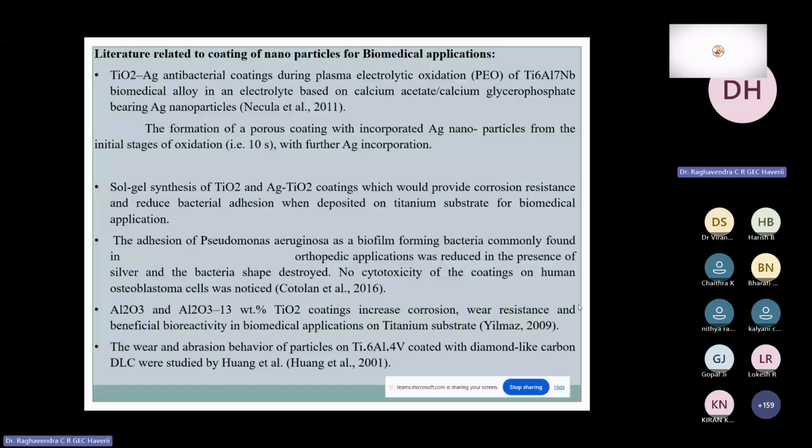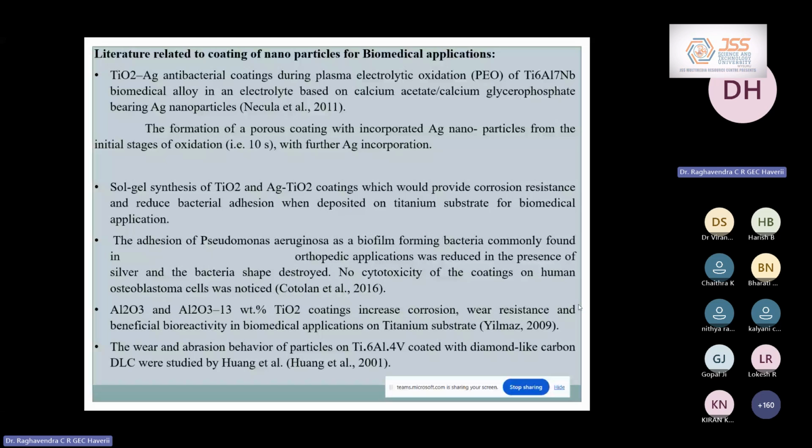And they have also used diamond-like carbon and aluminum oxide along with the titanium oxide on the titanium substrate. Now you can see everywhere the substrate is a titanium composition. In the first one we used titanium, aluminum and niobium, whereas Huang et al. used diamond-like carbon coatings on a titanium, aluminum and vanadium substrate as a composite material.